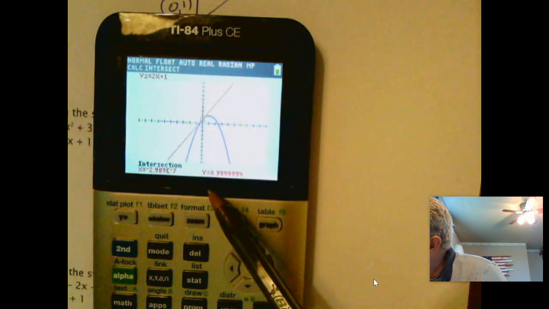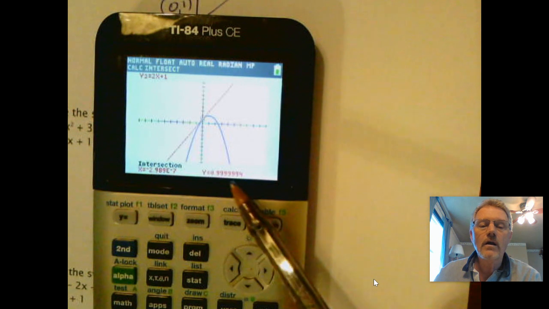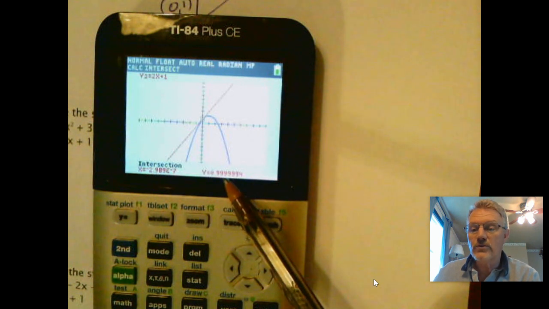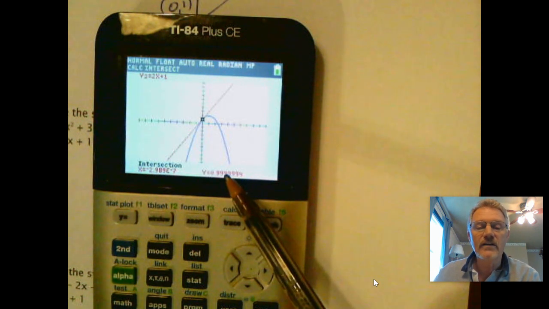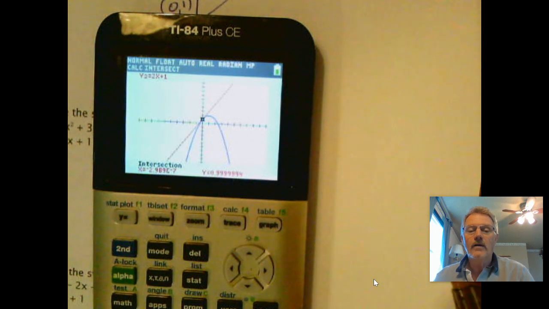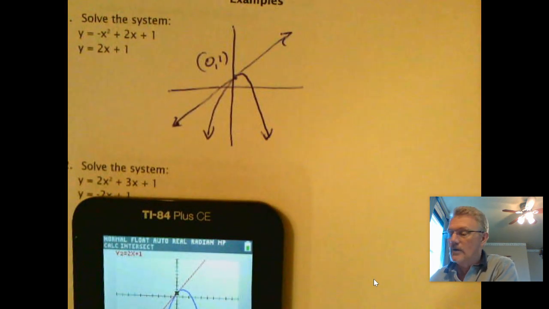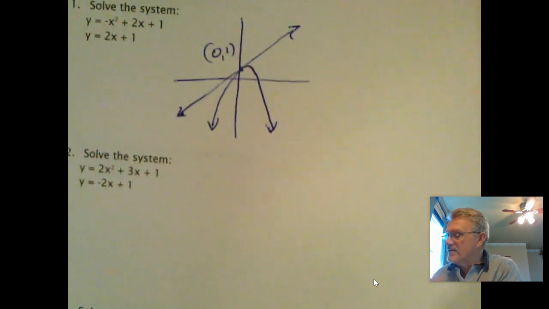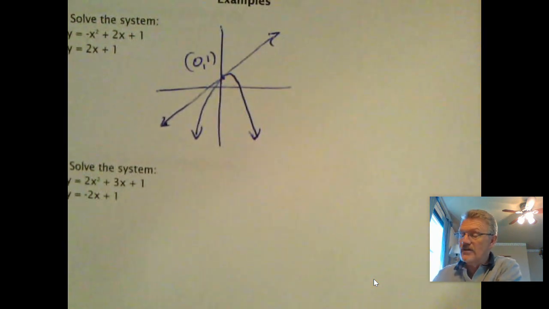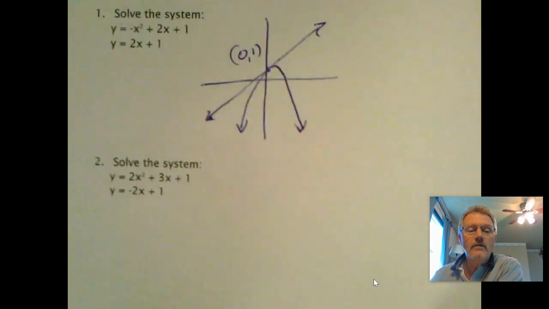And 0.9999994, rounding to 2 decimal places, the 9 makes the other 9 go up to a 10, and that rounds to 1. Okay, so that is the process. Your assignment is just to finish the page.